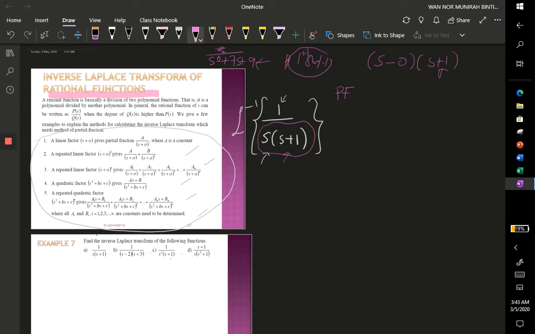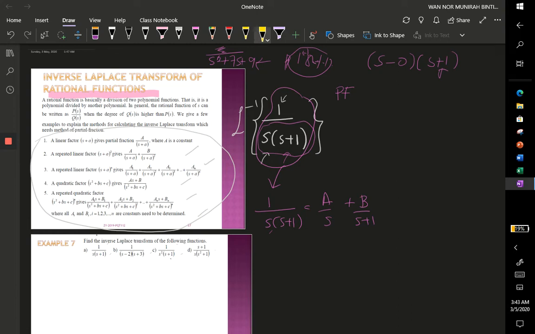Now I try to solve this one separately. By using partial fraction, I have s to the power of 1, which is linear, so I have A over s. S plus 1 to the power of 1, still a linear function, so I have B over s plus 1.